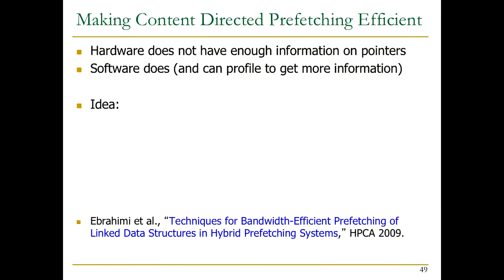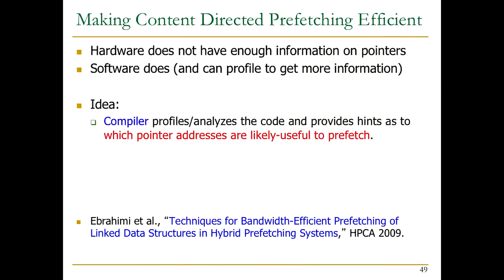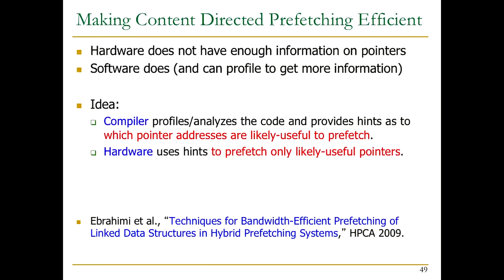But software does have that information, and if it needs to have more information, it can profile. So the idea over here is to have the compiler profile and analyze the code and provide hints as to which pointer addresses are likely useful to prefetch. You just mark them with 1 bit or 2 bits, whatever it is. How do you do that is another question. And the hardware uses those hints to prefetch only likely useful pointers.